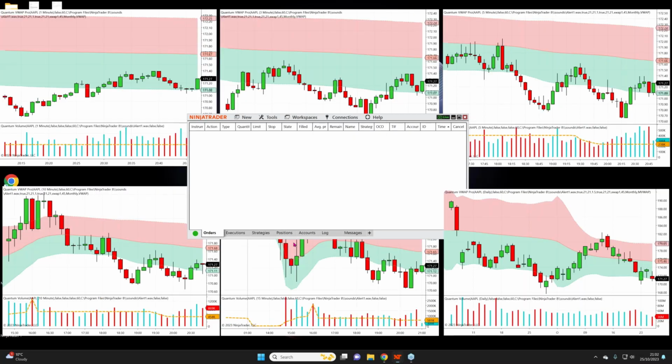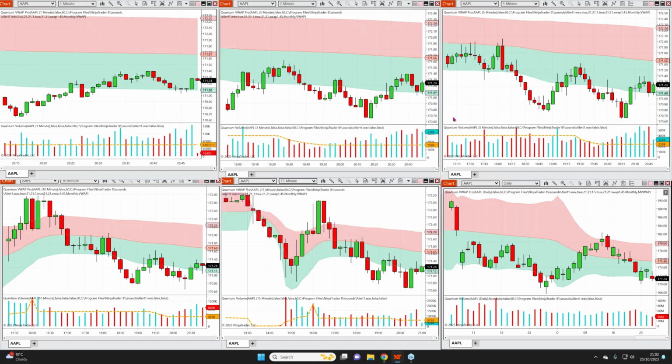This is the other indicator that we've released recently. Again, it's on TradingView. This is Apple. And again, I've done a whole raft of videos on this, so I'm not going to explain it in great detail, but the VWAP is a key trading tool for intraday trading on stocks. It will work really well on other markets as well, but predominantly for stocks.